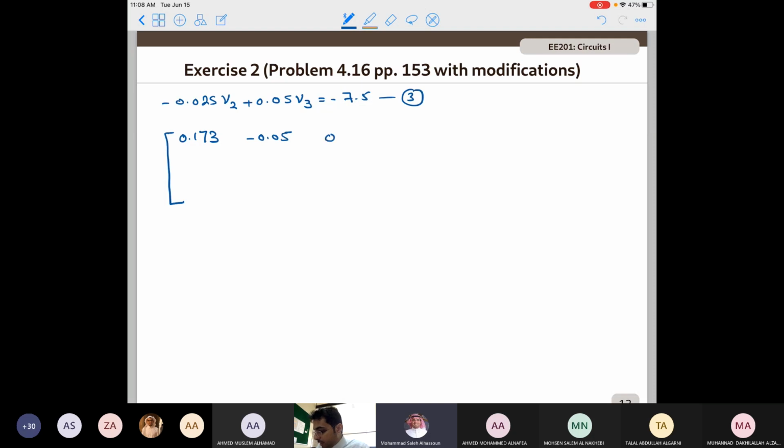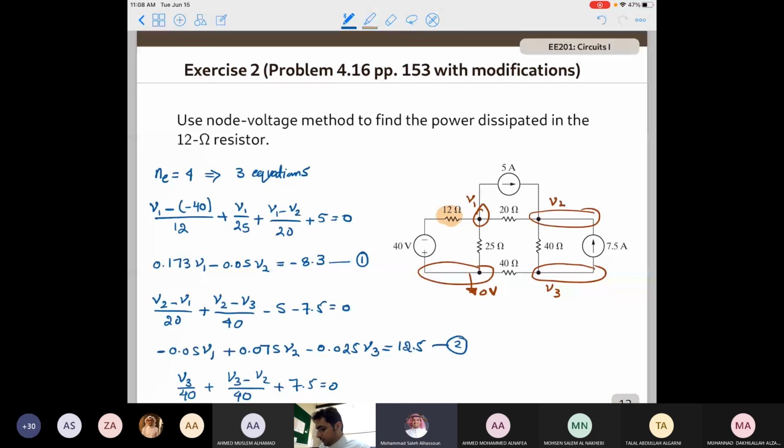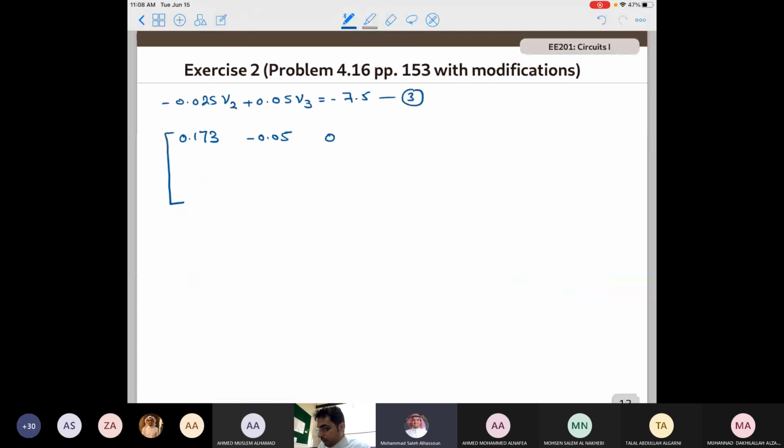For V3 it's not there, so the coefficient is 0. This comes from the second equation. The second equation is the only equation that has all three variables in it. And the last one comes from the third equation.